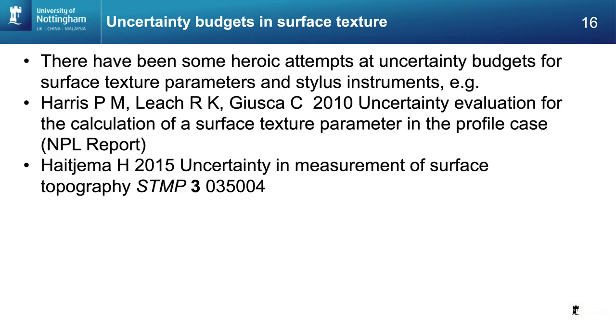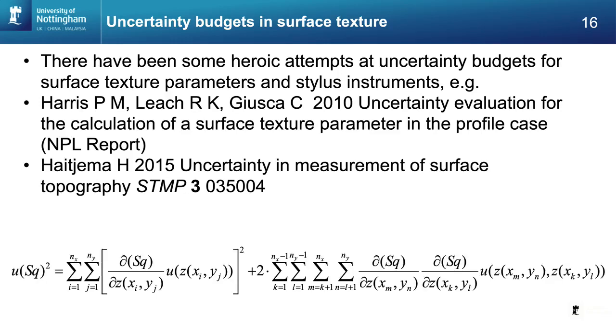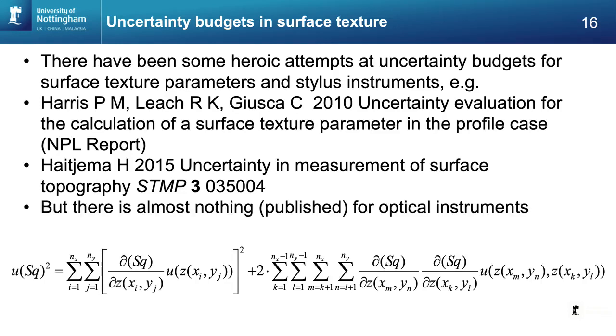Then Han Haitjema, a very good friend of mine, wrote a paper in 2015 on uncertainty measurement in surface topography, and there's one of the propagation equations he used. It was a very complicated process, but there's almost nothing published for optical instruments. If you look for uncertainty in optical instruments for topography measurement, you really won't find much at all.